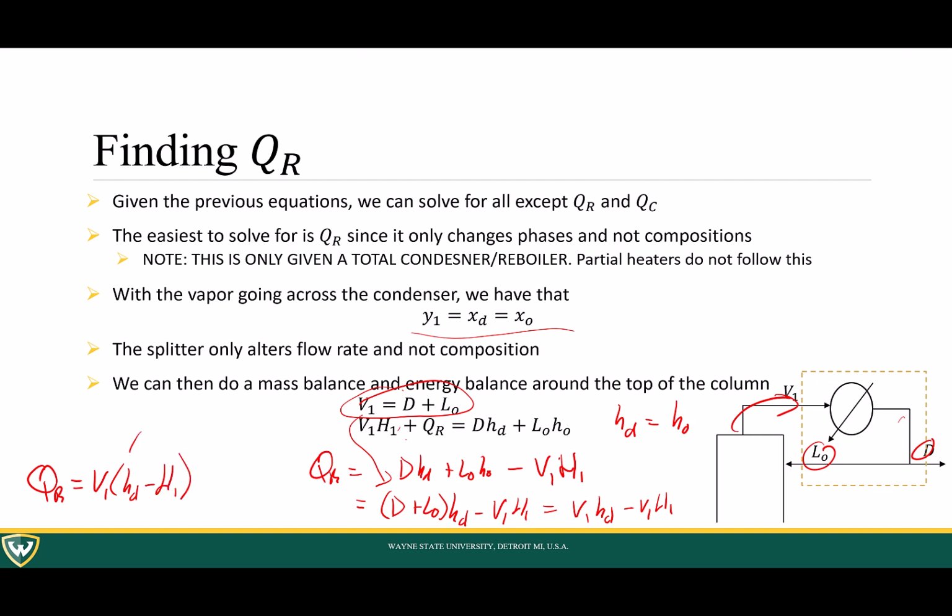Again, this is the enthalpy of the distillate, and this is the enthalpy of the vapor leaving the distillation column right here. Note that it's always going to be negative, because the enthalpy for a gas is always going to be greater than the enthalpy for a liquid. So this is going to result in a negative value. Okay, that's something to know. The equation right here, kind of a big one.